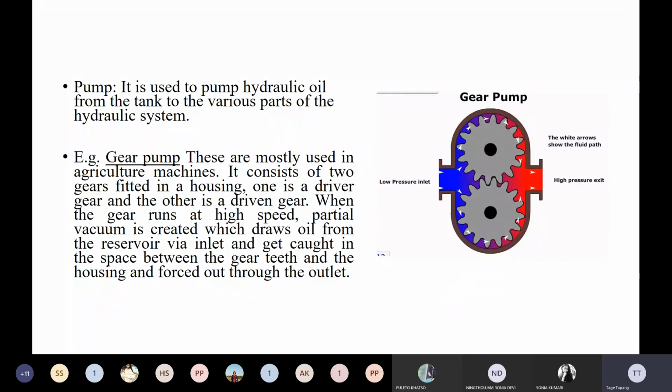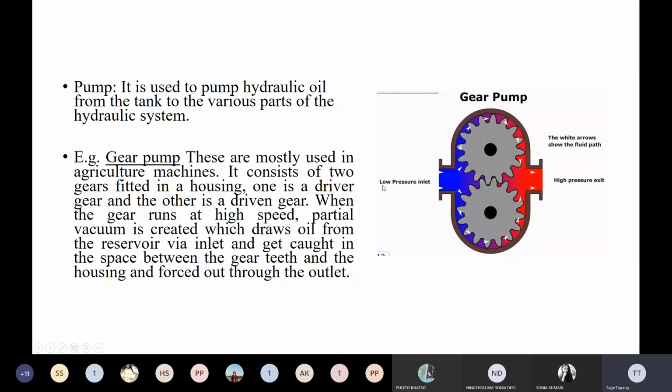It pumps our blood. Similarly, a hydraulic system also requires some kind of pump. The most common type of pump is the gear pump, because it has gears inside the housing. This is the housing, or we say casing. In mobile we have a mobile cover, mobile case. This is housing or casing.